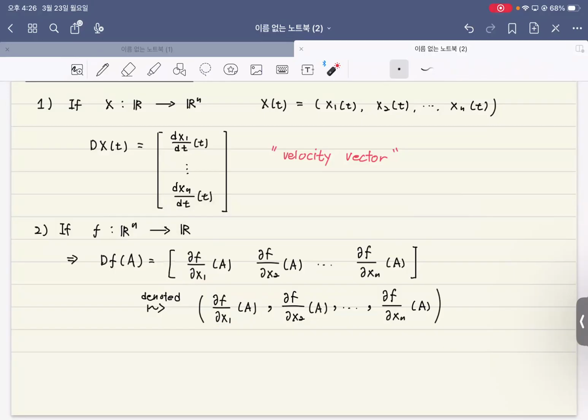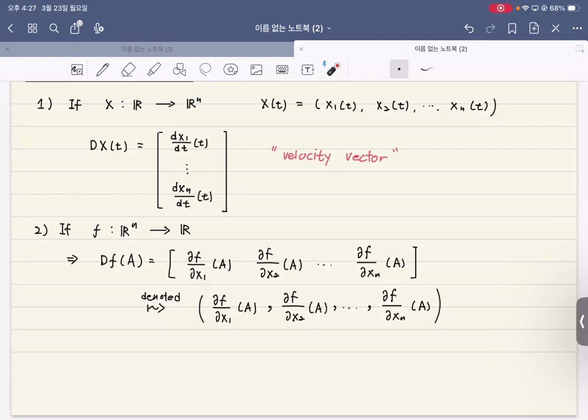This is nothing but a change of notation from row vector to usual vector. And this can be considered as a gradient vector, as a vector field. Why is that? Well, this is not a vector field. This is just a single vector, right? Because each of these components is a function.